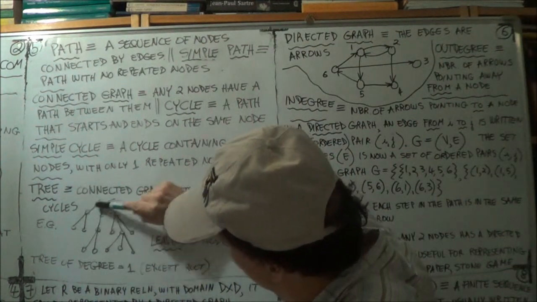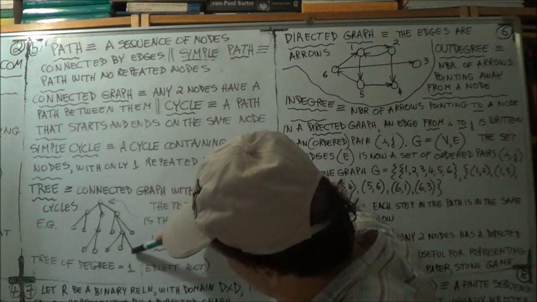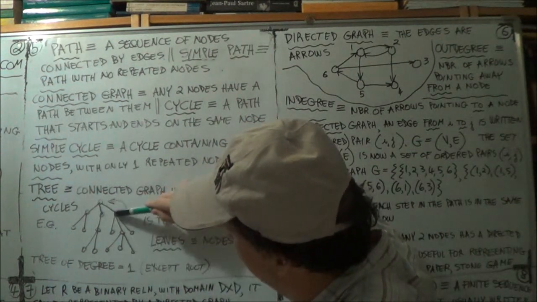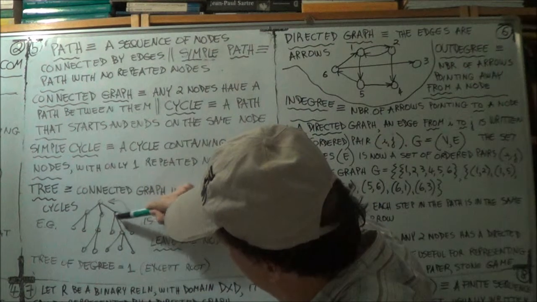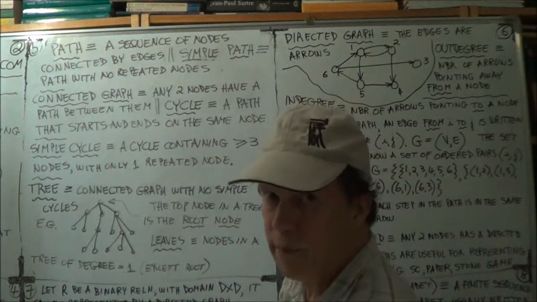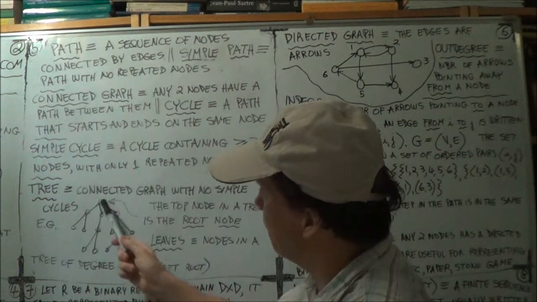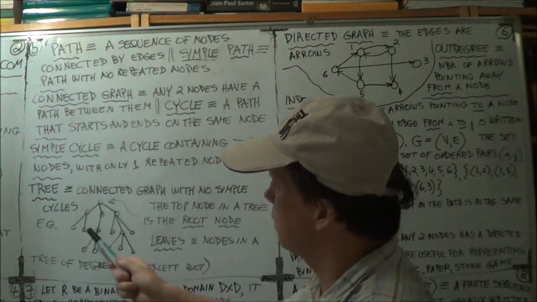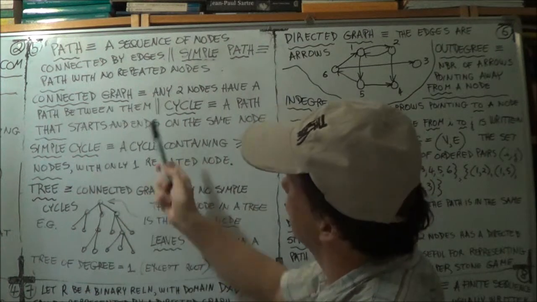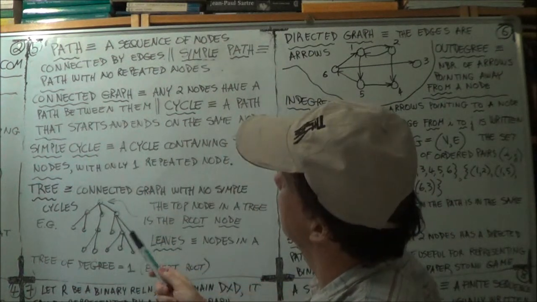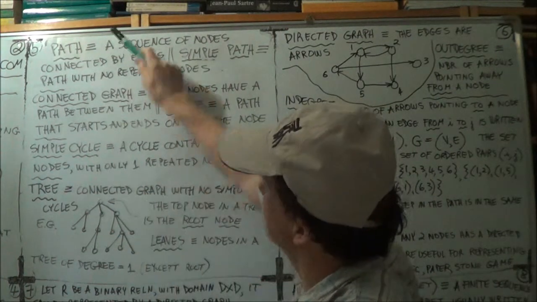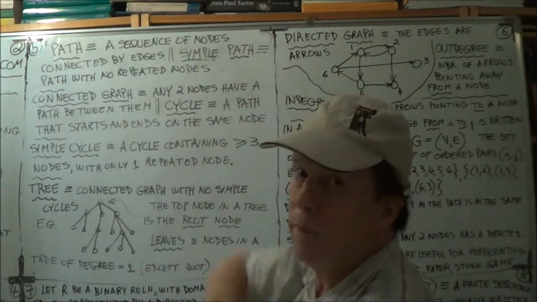Well, you go root, root, root, root, root. Okay? That is an example of a path. So, common sense. So what is a path in terms of a definition? Well, it's a sequence of nodes, right, connected by edges. That's what it says here.